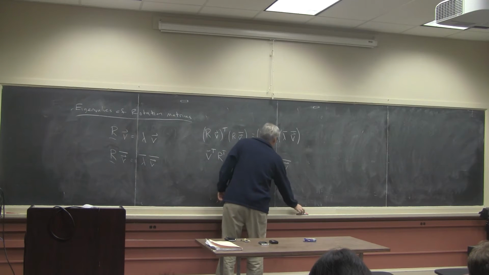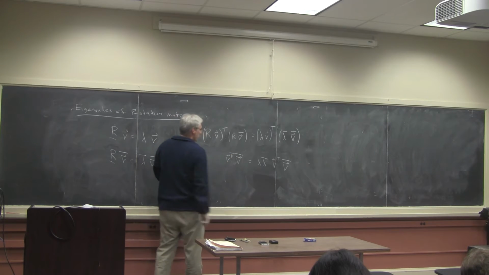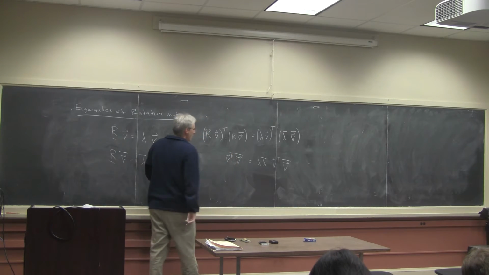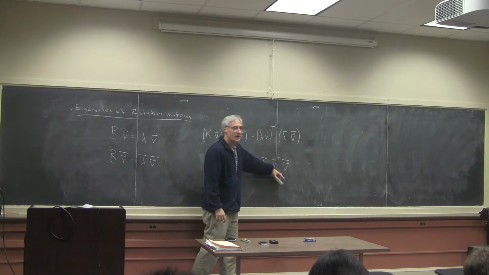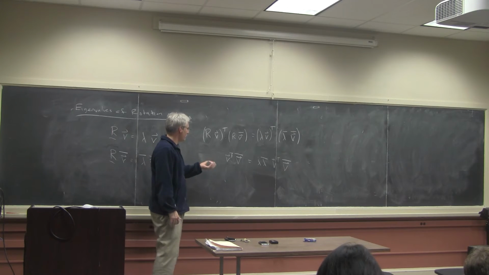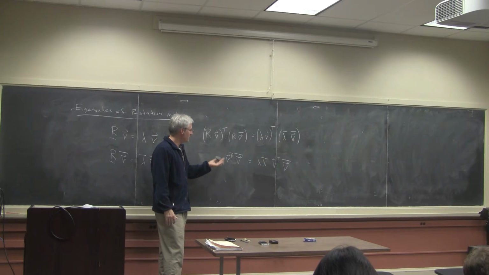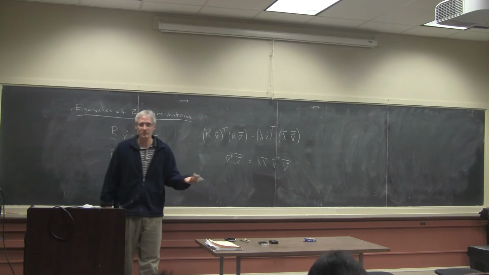So this simplifies to V transpose V complex conjugate. So this right here is the same as this right here. And it's not 0 because we always exclude V equals 0 from consideration when talking about eigenvectors.